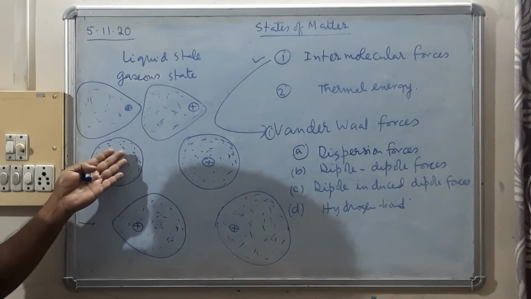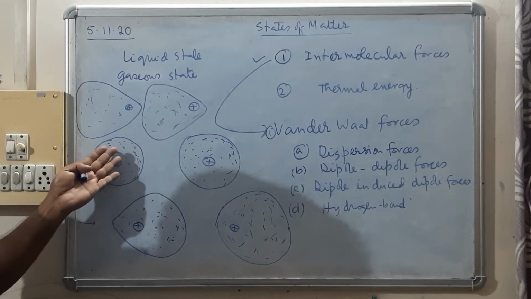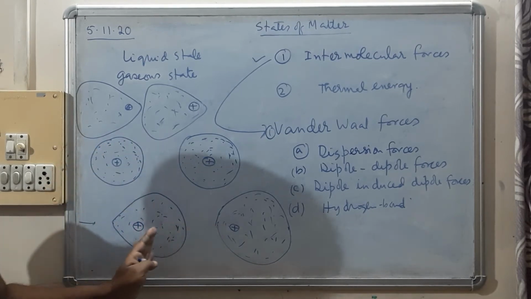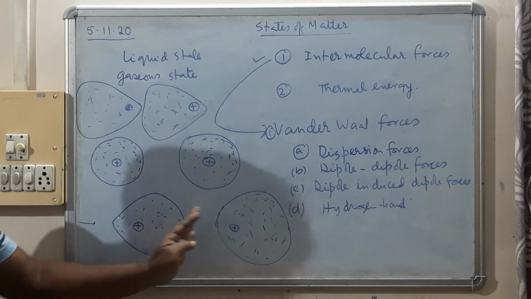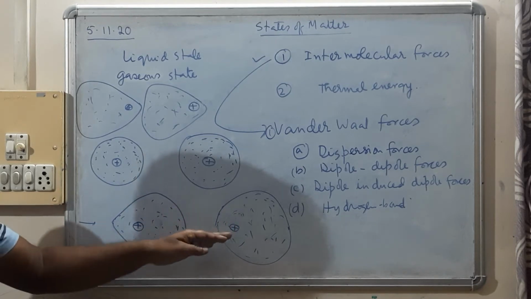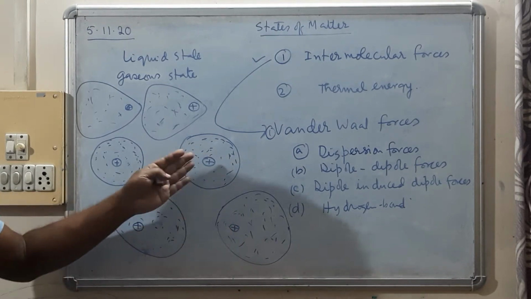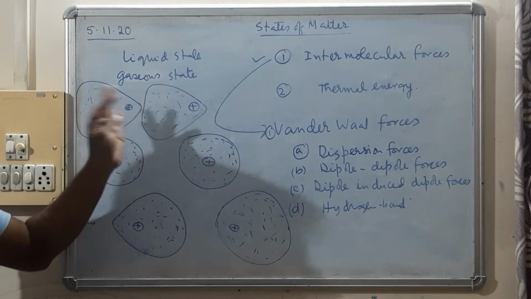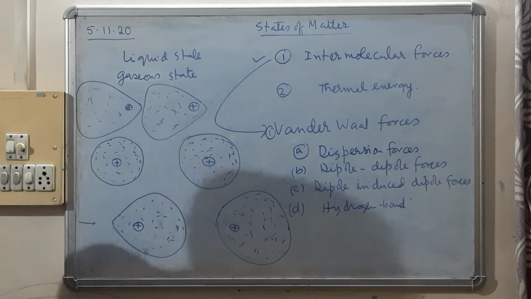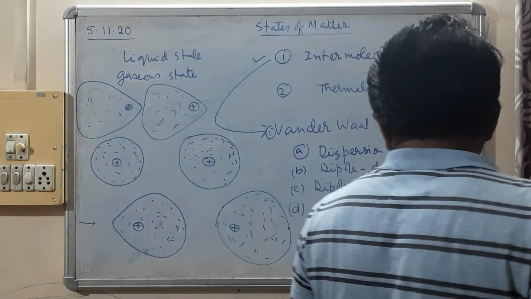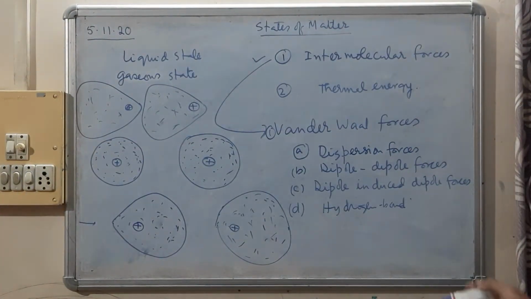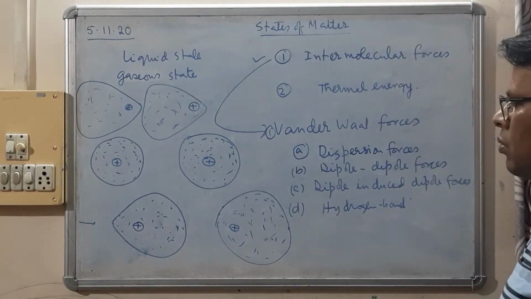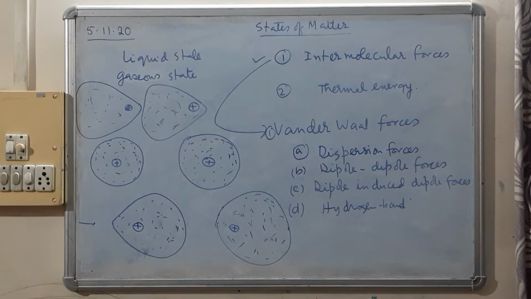This arrangement can change to this for a very small period of time, then there will be an intermolecular force known as London dispersion forces. Then again it can come back to this, and again there will be intermolecular forces. So these are called London dispersion forces, and this force is not so strong, but it is there.